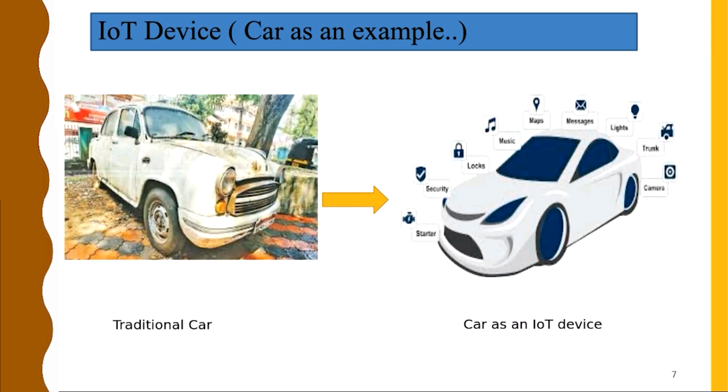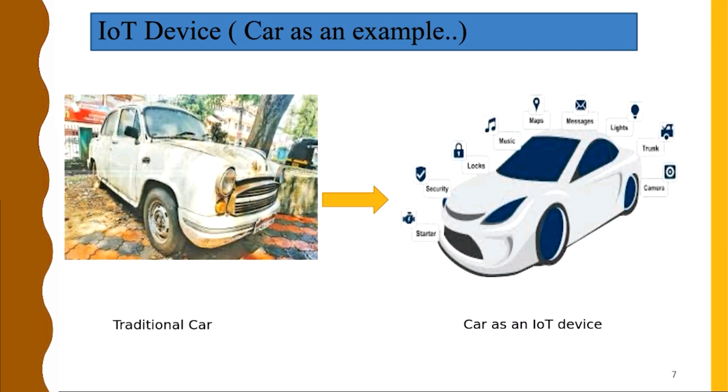Nowadays all the cars are coming with these capabilities, these basic sensors are all there in the cars. So can we call that car an IoT device? We cannot still call this car an IoT device.